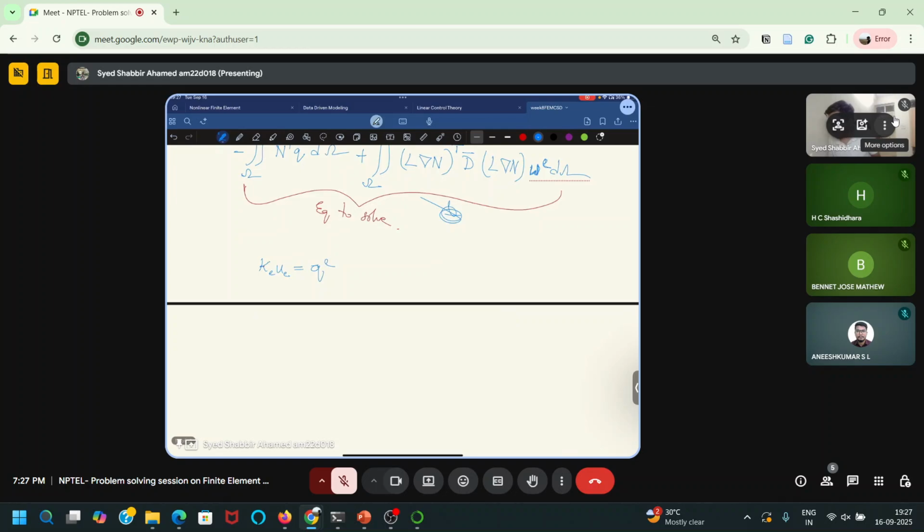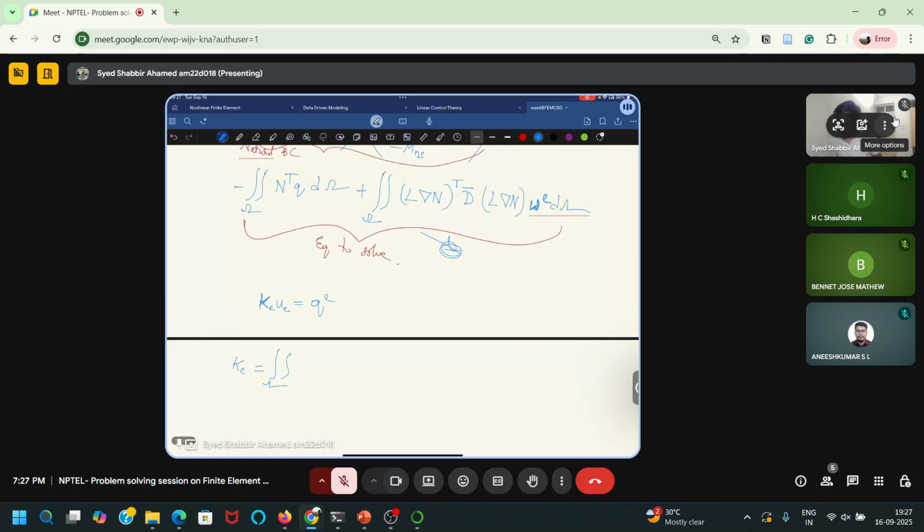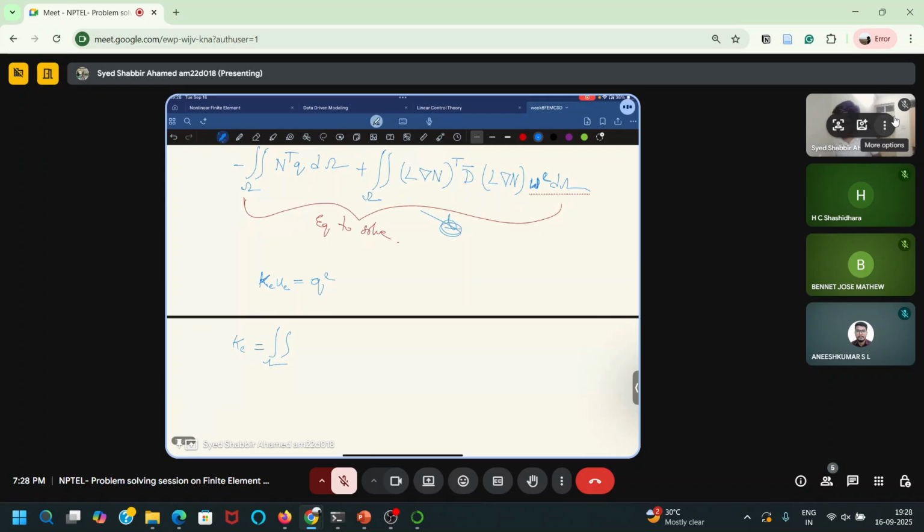This Ke is nothing but this integration over the element. You can also write it like this: B transpose D bar B dA. B is nothing but L nabla. This symbol is called nabla. This is not delta.